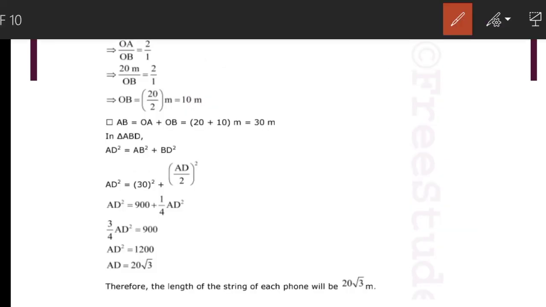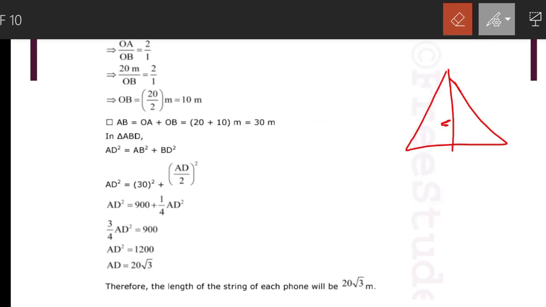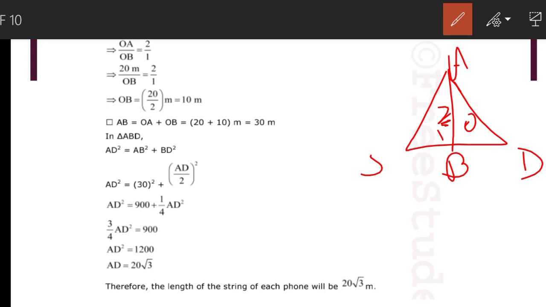So we have OA by OB is equal to 2:1. OA is given as 20 and OB we do not know.